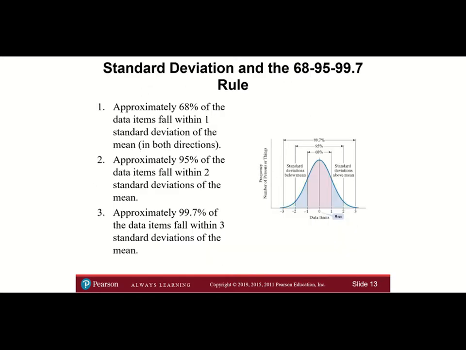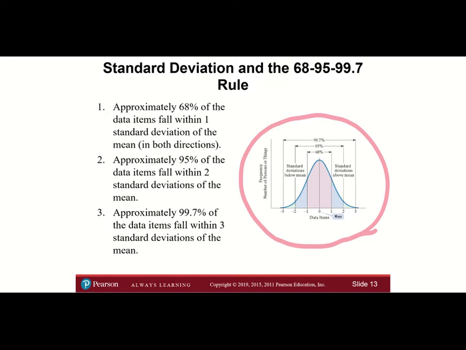All right, so we are going to look at standard deviation and the 68, 95, 99.7 rule. Here's one of our bell curves. Approximately 68% of the data items fall within one standard deviation of the mean, in both directions. So if we look from the 0, or the mean, to the first standard deviation going down, there's 34% of our data.